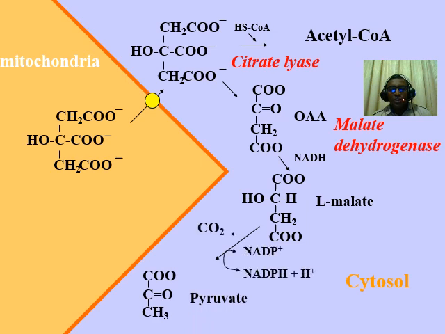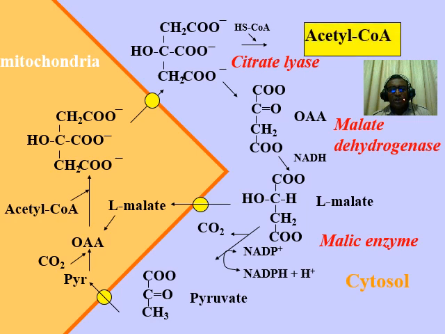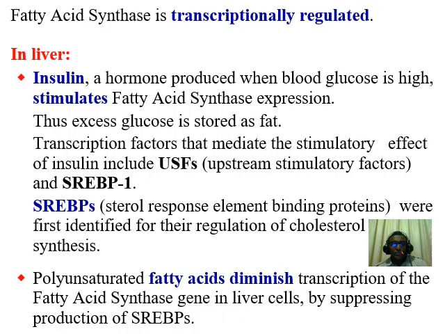So both pyruvate and malate can be brought back into mitochondria, and they can be converted to oxaloacetate. This oxaloacetate will react with acetyl coenzyme A and form citrate, and this process of the citrate shuttle will carry on to bring more and more acetyl coenzyme A from mitochondria to cytoplasm for fatty acid synthesis.